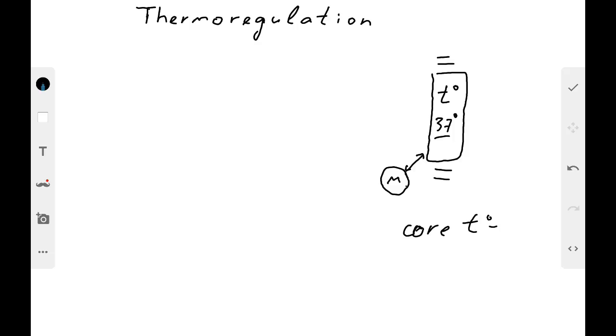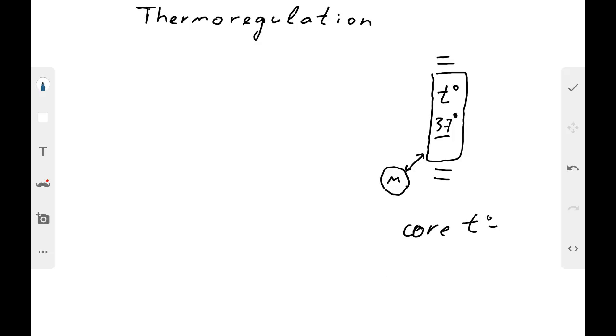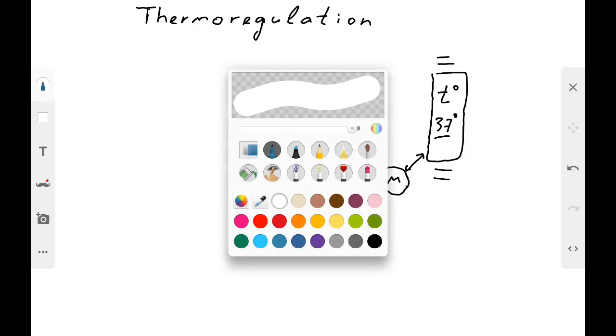The shell of the body depends on the external environment to a large extent. It may be lower, and it may be higher than the core temperature. So in the functional system, we speak about the core temperature, that is 37 degrees centigrade.